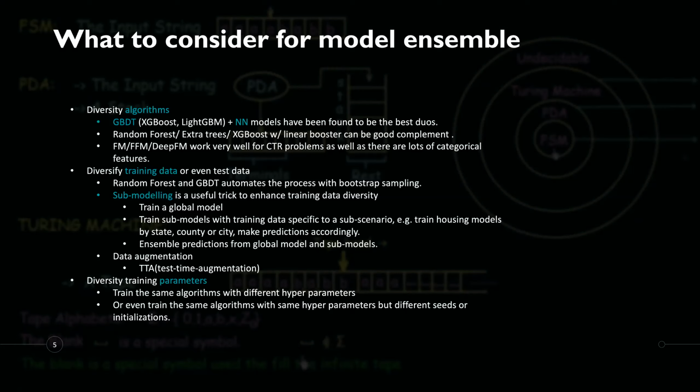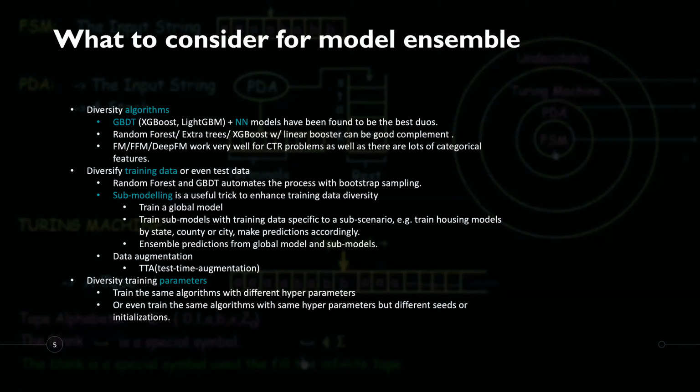And sometimes I also see factorization machines and the variants of factorization machines work very well for click-through rate prediction problems, as well as for competitions where we see a lot of categorical features. So GBDT and neural networks are the best combination for pretty much all the competitions.